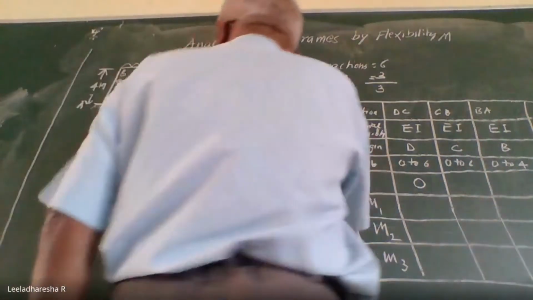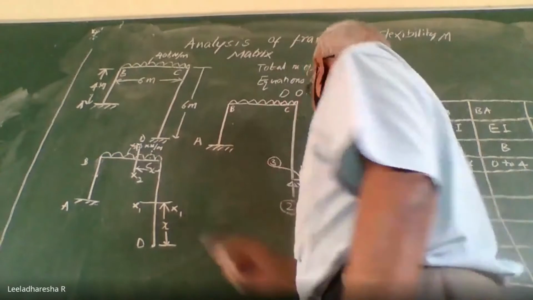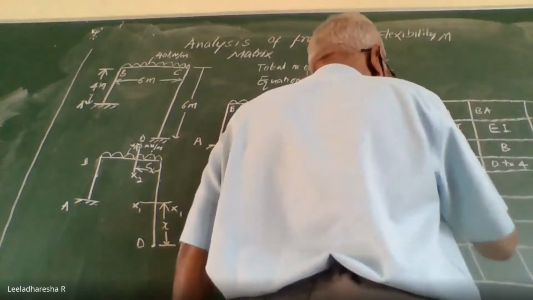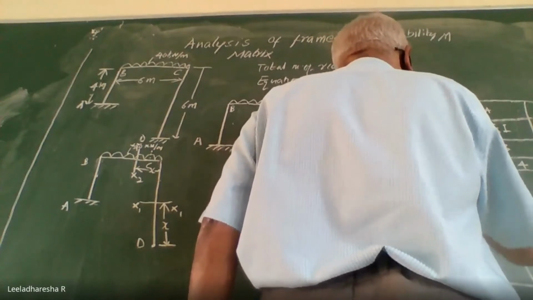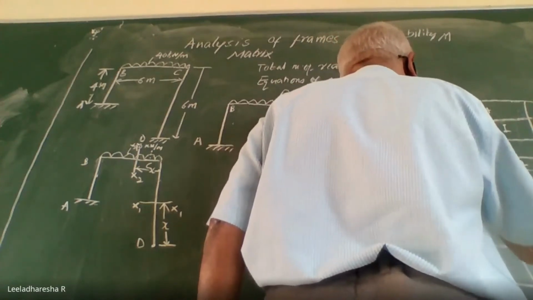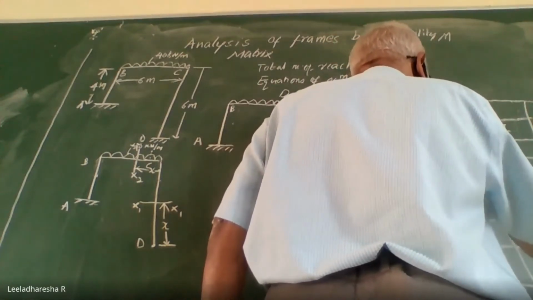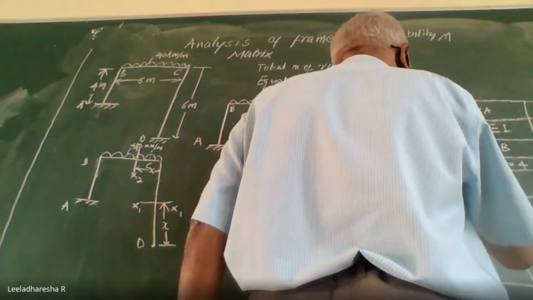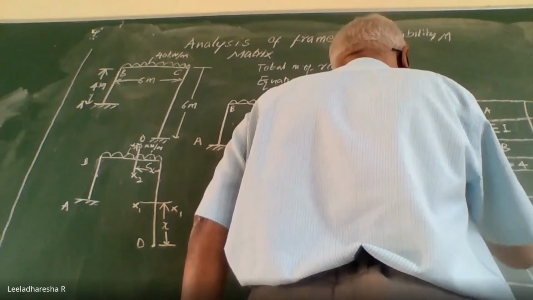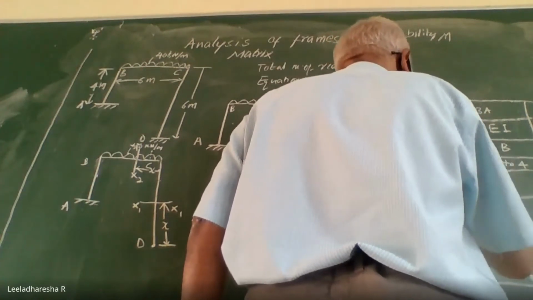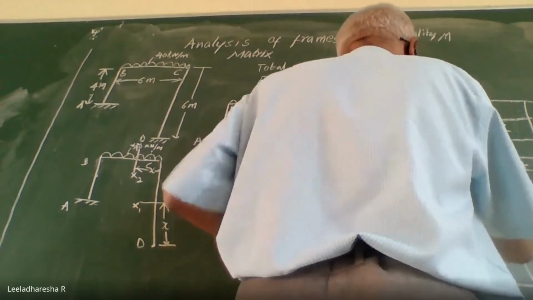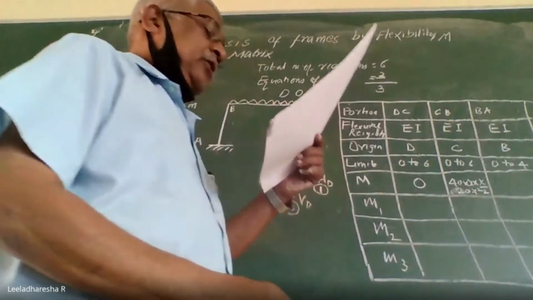Therefore, in the portion from C to B, the general equation for bending moment is 40 into X into distance X by 2, or you can write this as 20x square. It is positive bending moment.